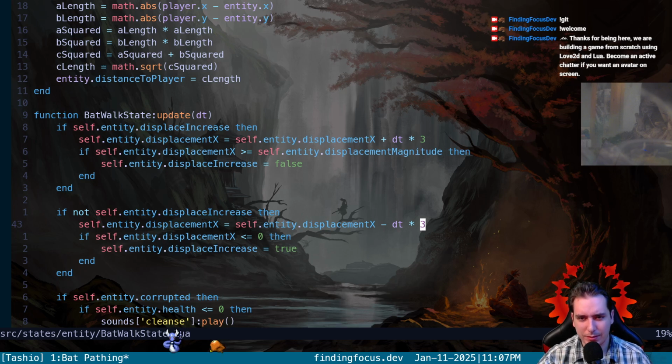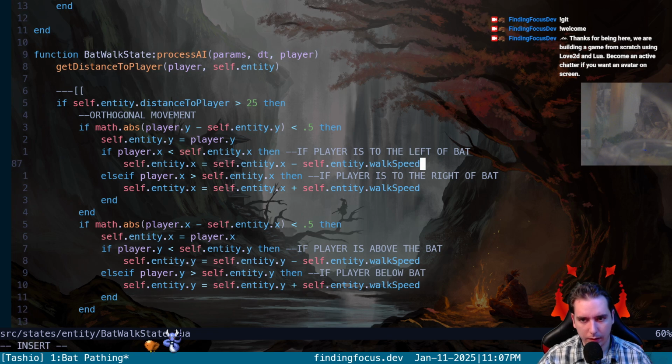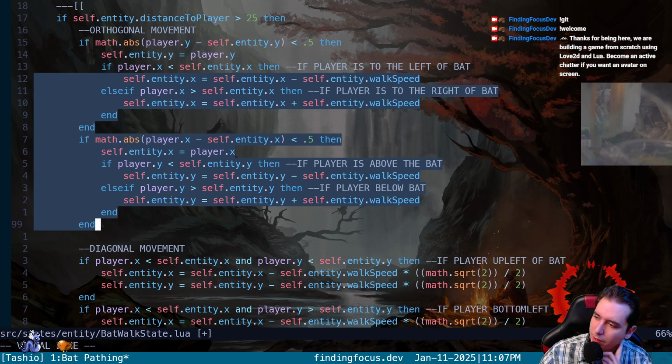Let's see what happens if we just add it to every scenario here. Like here, if we say anytime we add walk speed, we also want to add the displacement x. That's going to get too far though.